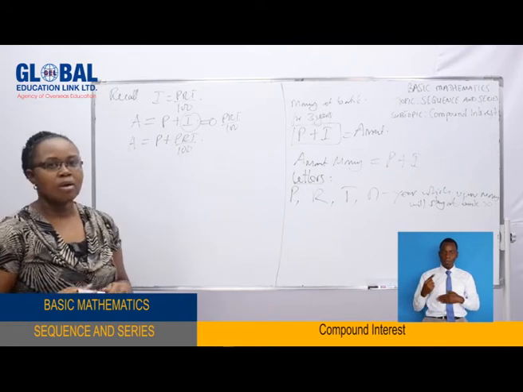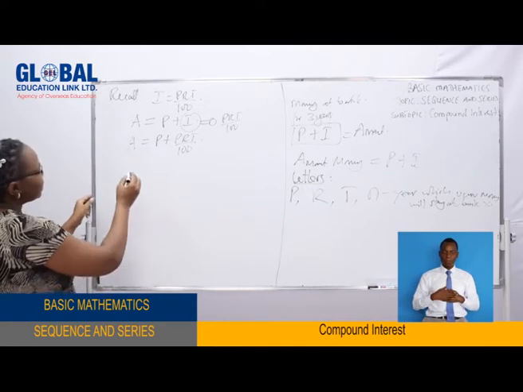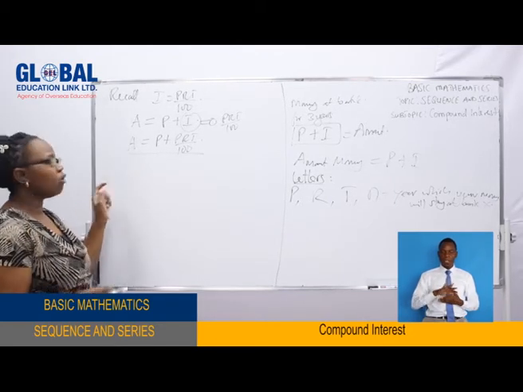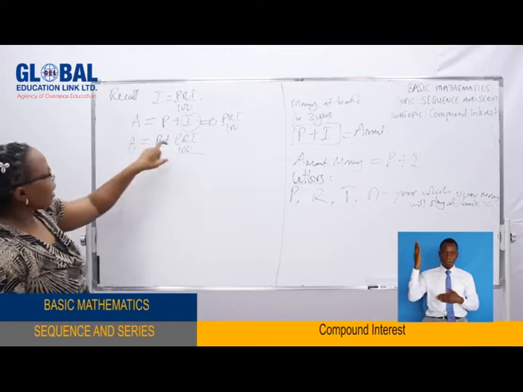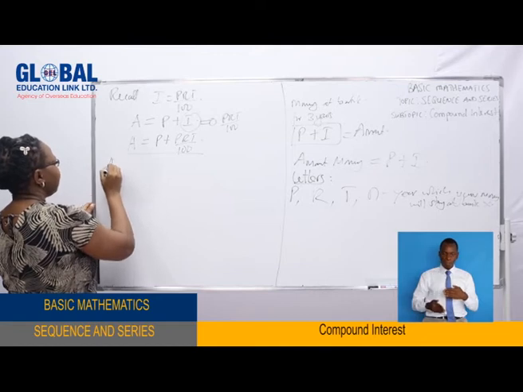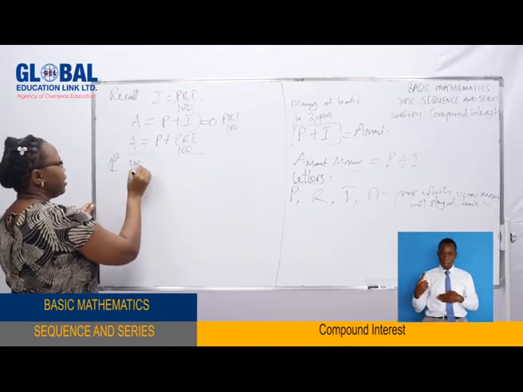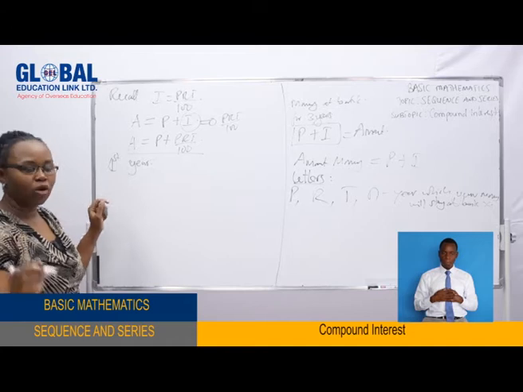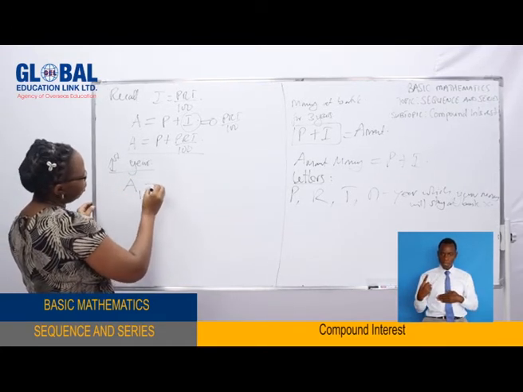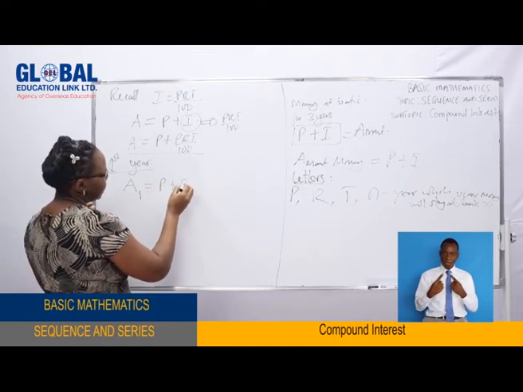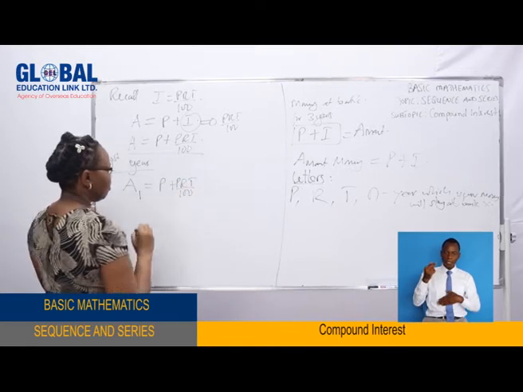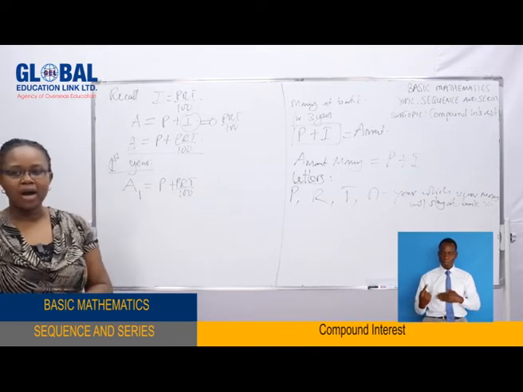Now, my dear students, this amount of money obtained, we say this is the amount of money obtained at the end of the first year. The amount of money at the first year equals principal plus the interest, PRT over 100.